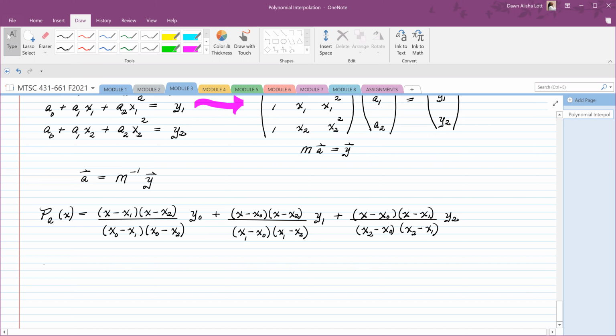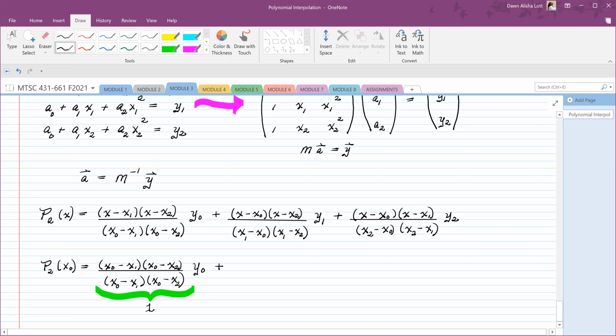Now, let's just pause for a moment. What is P2 of x0? Well, when I put x0 in, I get x0 minus x1 times x0 minus x2, divided by x0 minus x1 times x0 minus x2. How nice it is that quantity is equal to 1. It gets multiplied by y0.